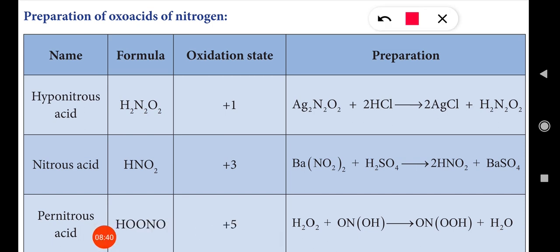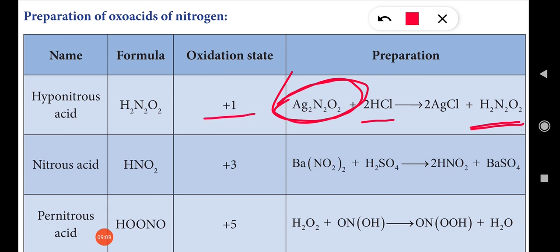It is prepared from silver hyponitride, Ag2N2O2. When silver hyponitride is treated with HCl, it will form hyponitrous acid, which exists in +1 oxidation state.